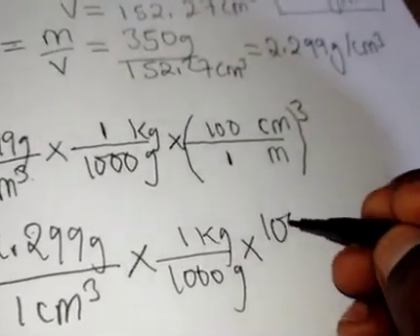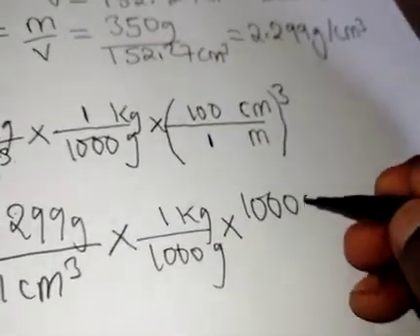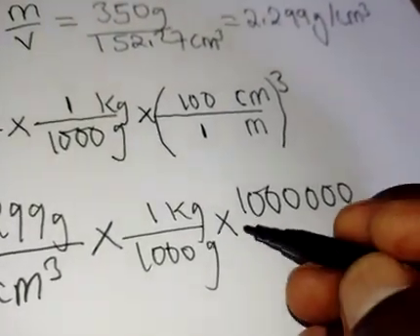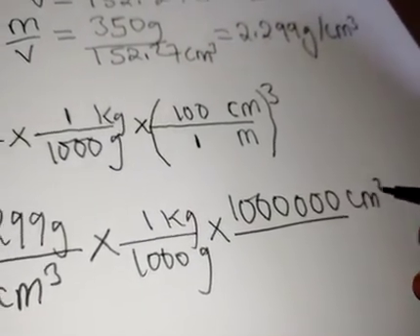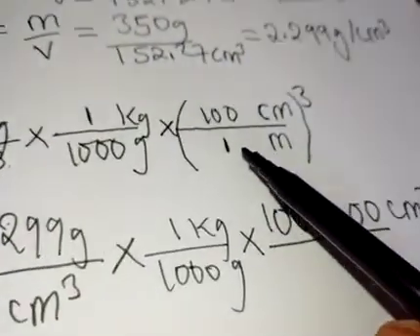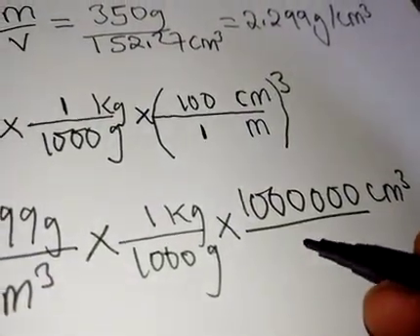It's 1, 2, 3, 4, 5, 6 over cubic centimeters. Same applies, 1 to the power 3, of course it is just 1.